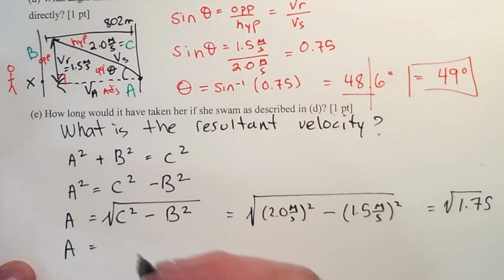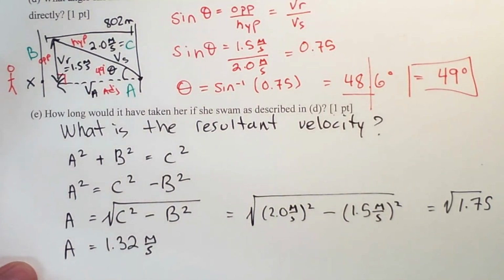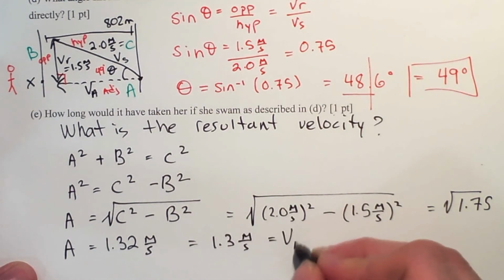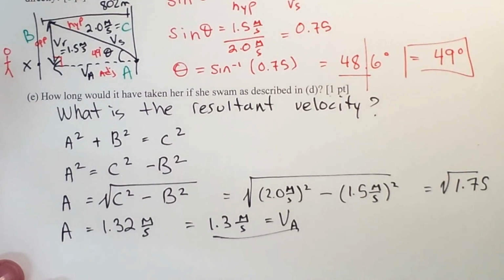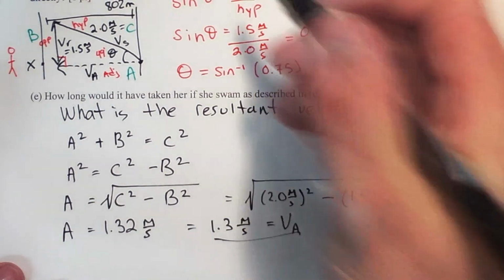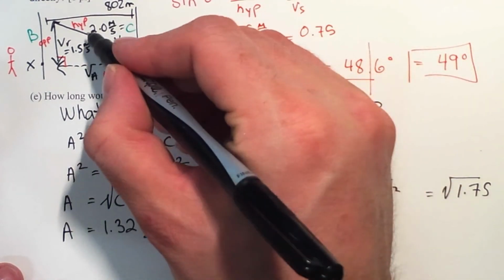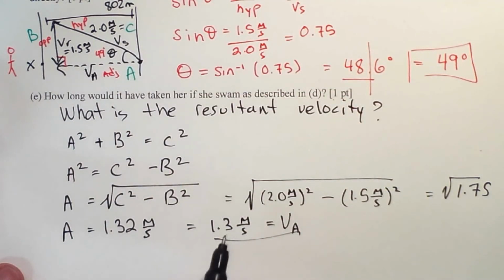A is equal to 1.32 meters per second. And that, of course, is equal to the actual speed. Now, it makes sense because the cat's still only going to be able to swim at 2 meters per second. And some of that, once again, is going to fight the current. So her actual speed is going to appear to be slower.